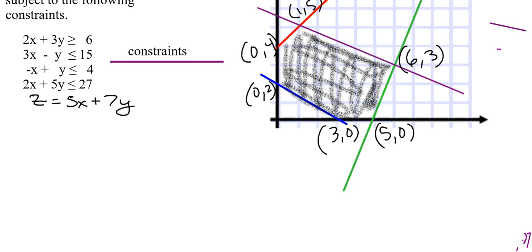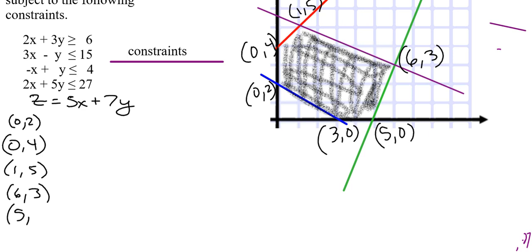I'm going to put in 0, 2, 0, 4, 1, 5, 6, 3, 5, 0, and 3, 0. I'll have you do that and see what that minimum value is, and we'll look at that maybe again on Monday.